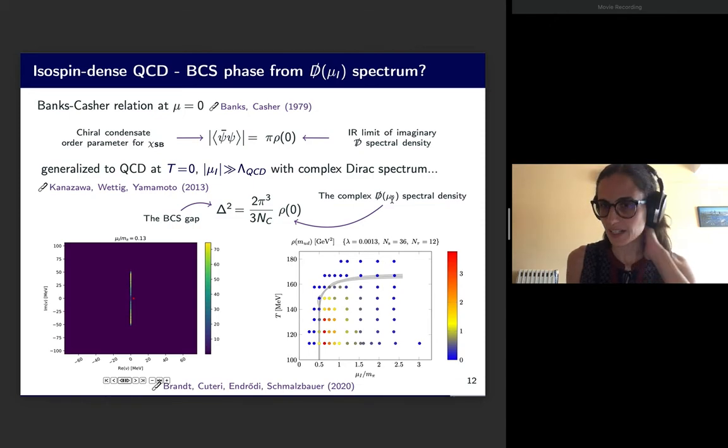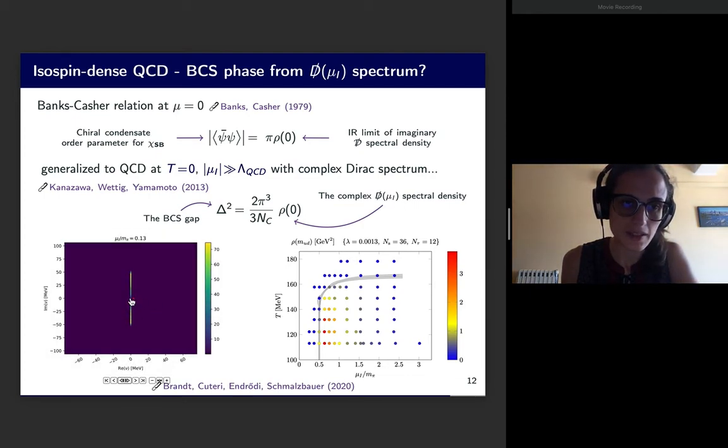So this time it is really complex. We are not talking singular values, we are talking eigenvalues of the Dirac operator, and this can be accessed and measured on the lattice.